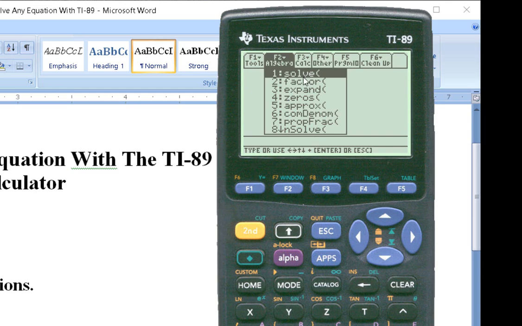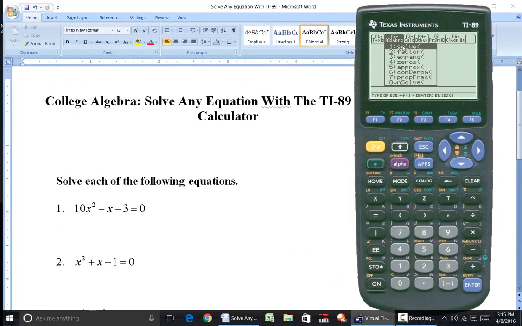I'll be solving equations, so I'm basically working with the first function here, and I'll show you another one a little bit later on, but let's start with this one. And all you're going to do is enter the equation.